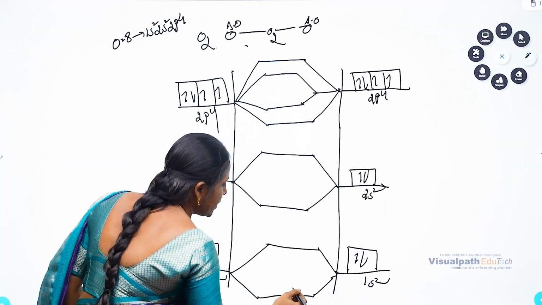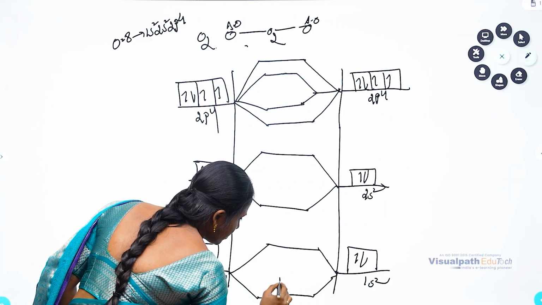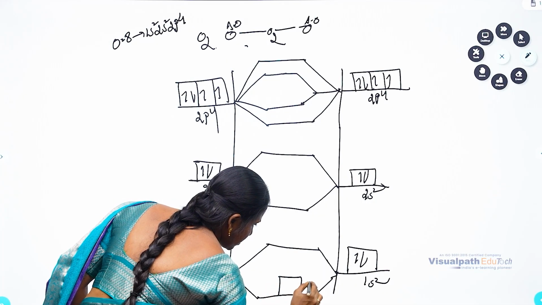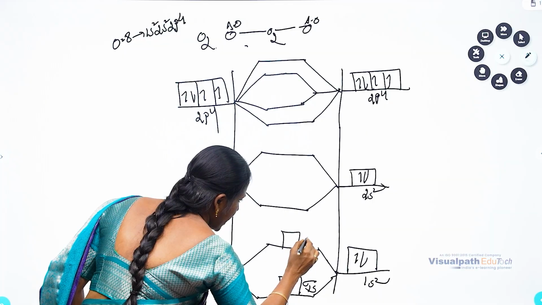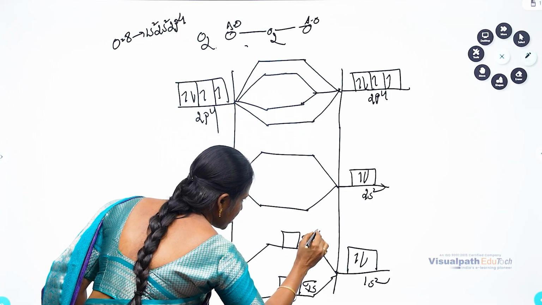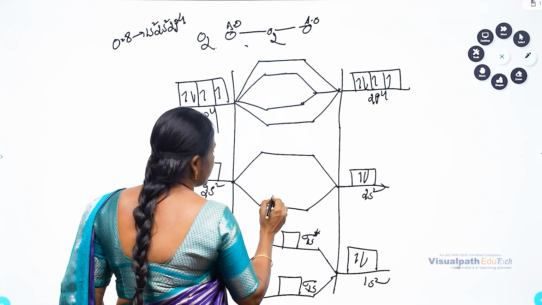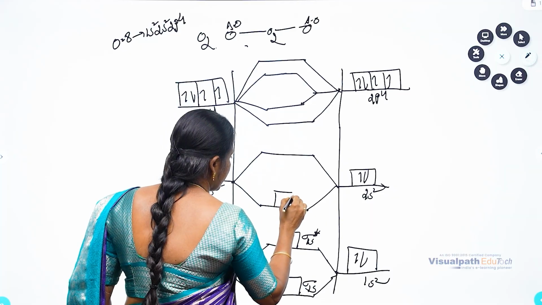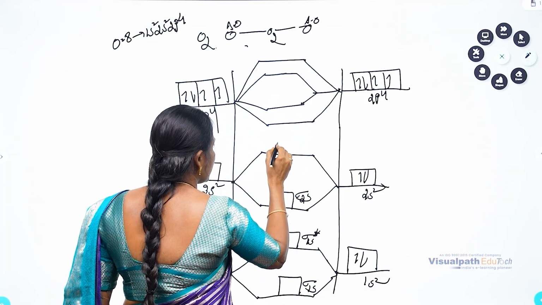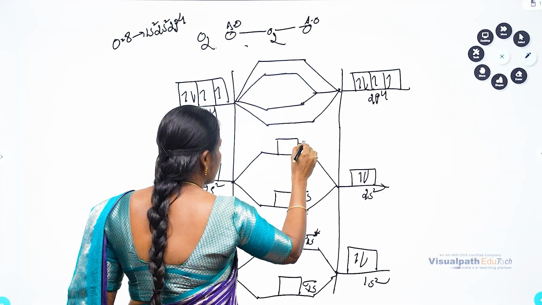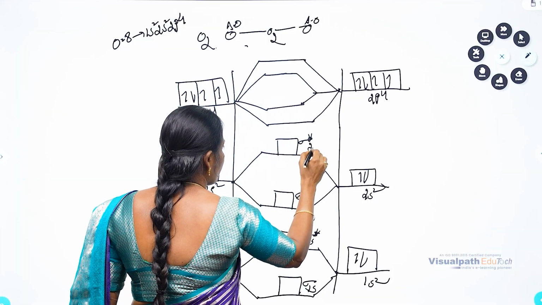Okay. Here it is the bonding sigma 1s. It is anti-bonding of 1s. It is bonding of 2s. It is anti-bonding of 2s.